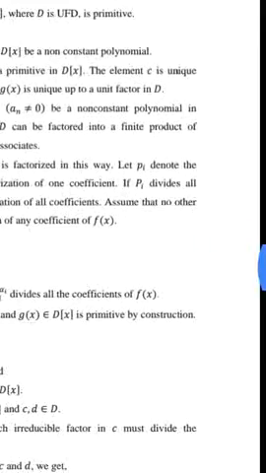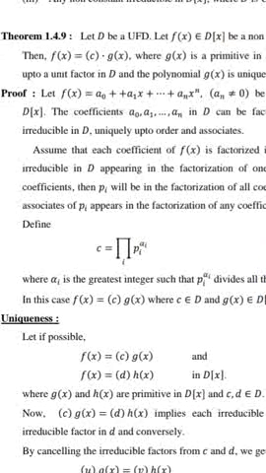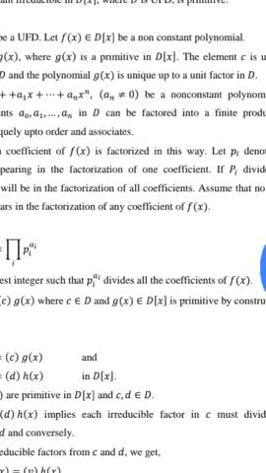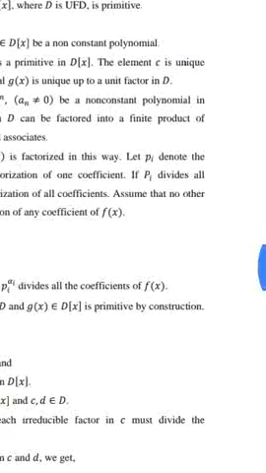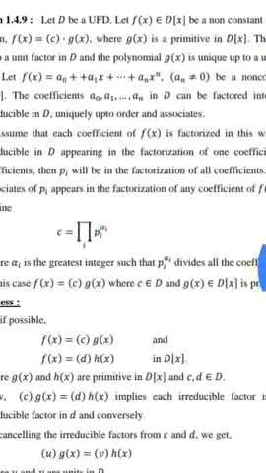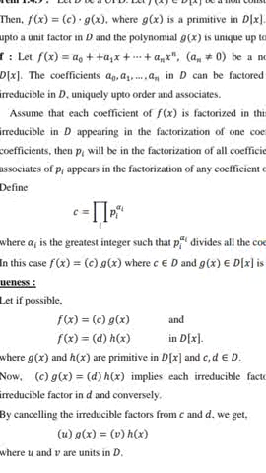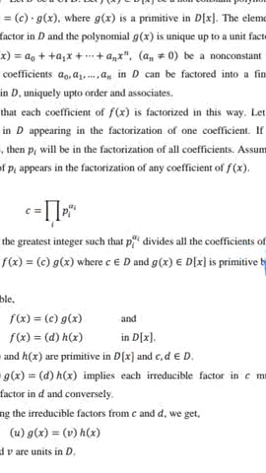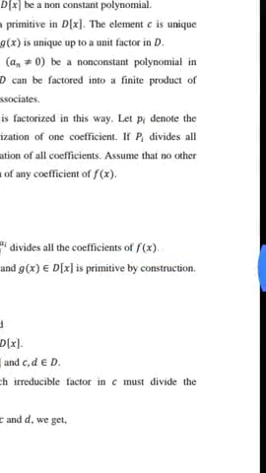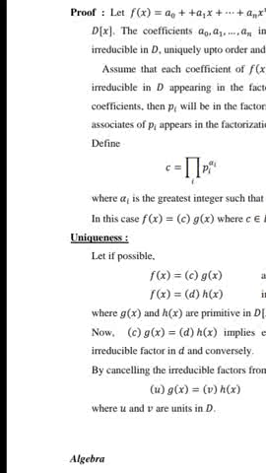Let p1 denote an irreducible in D appearing in the factorization of one coefficient. If p1 divides all coefficients, then p1 will appear in the factorizations of all the coefficients.